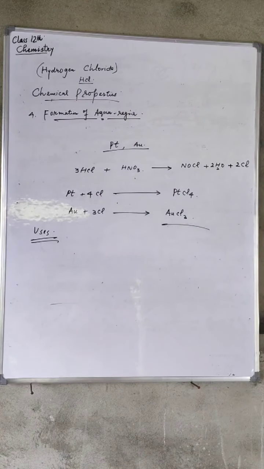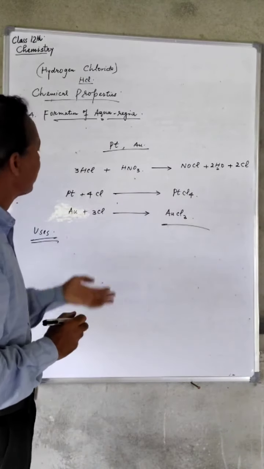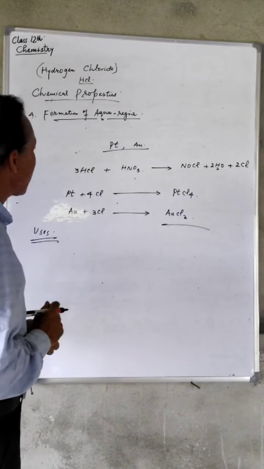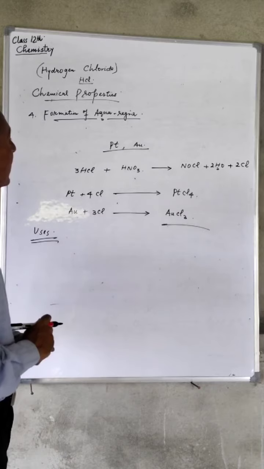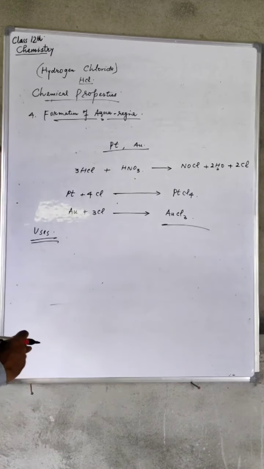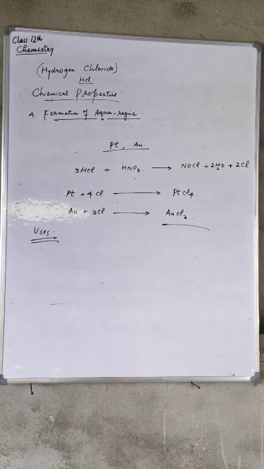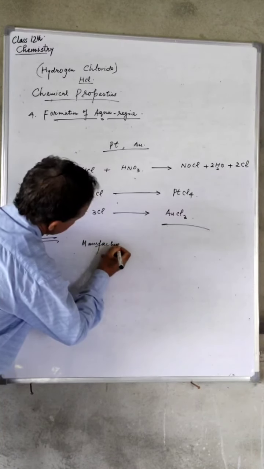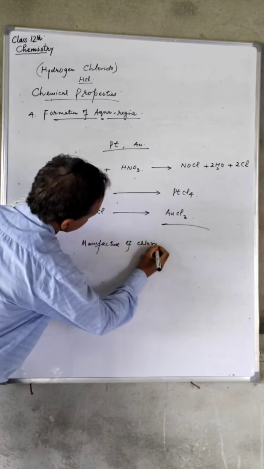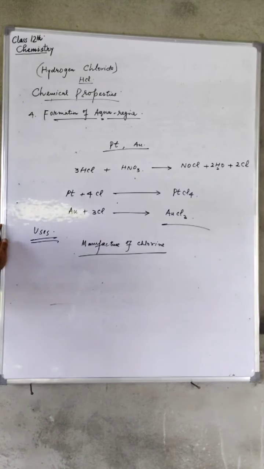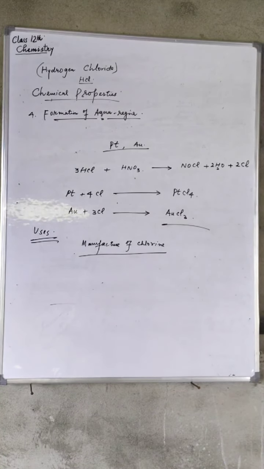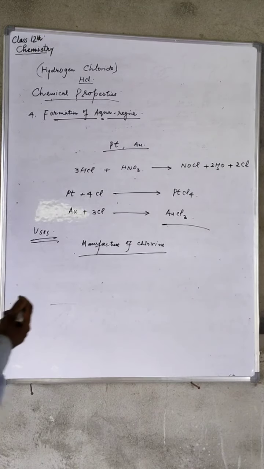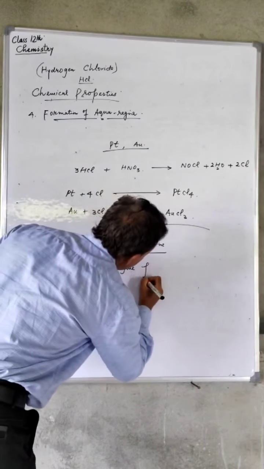It is used for the cleaning of metal surfaces, in the manufacture of chlorine, and also for the extraction of glue from bones.